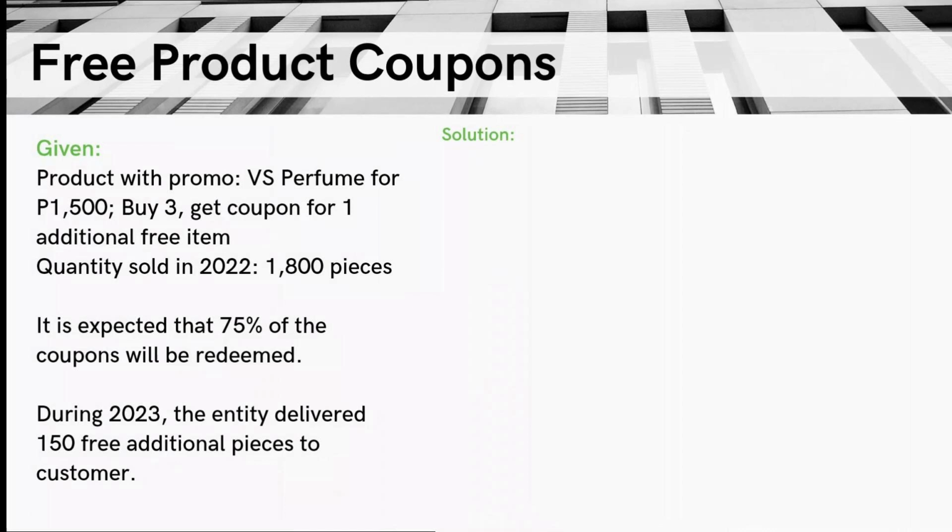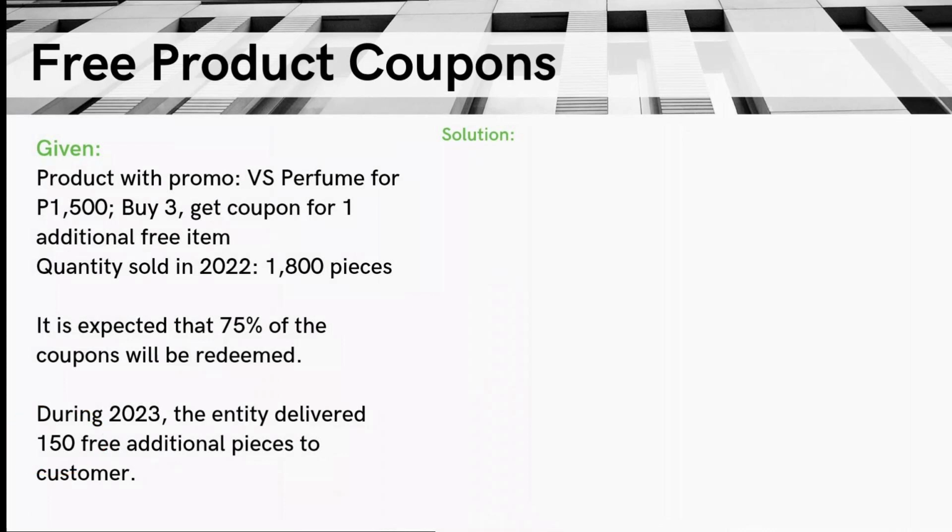And then buy 3, get 1 coupon, and then 1 additional free nga item. Quantity sold for 2022 is 1,800 pieces. Then it is expected that 75% of the coupons will be redeemed. During 2023, the entity delivered 150 na free additional pieces to customer. Okay? So, this is your expected redemption.